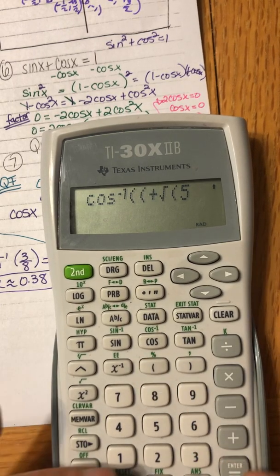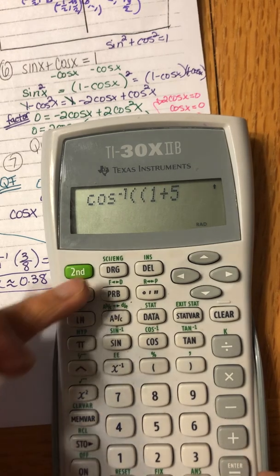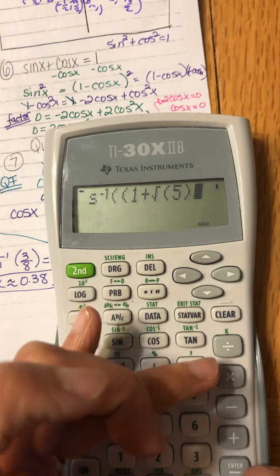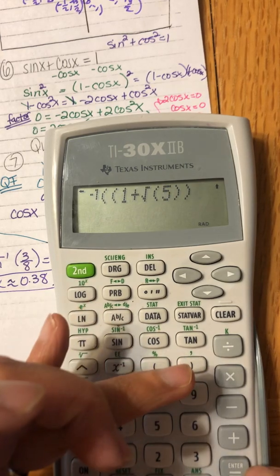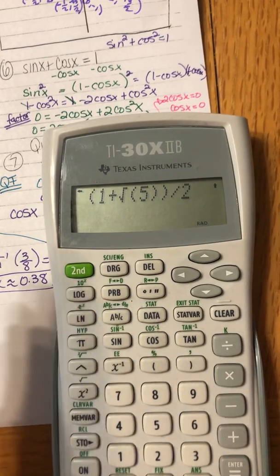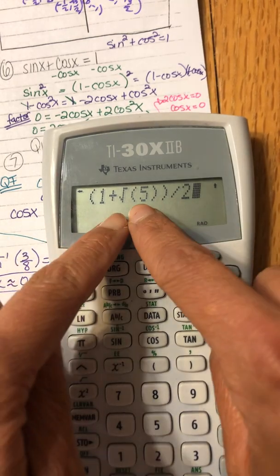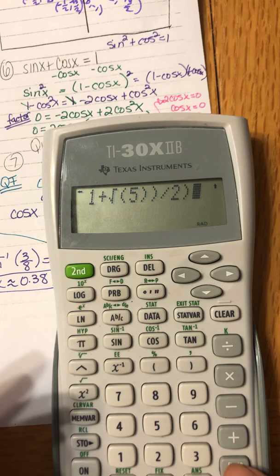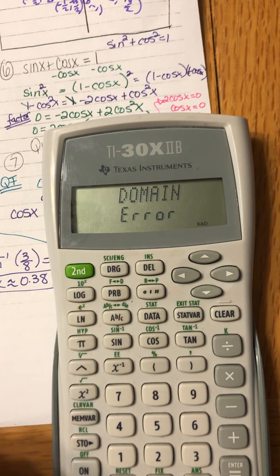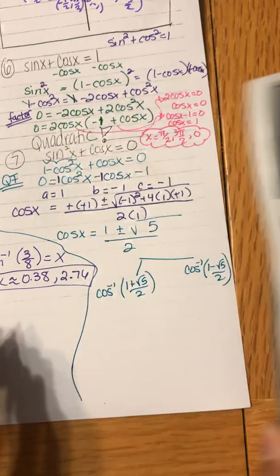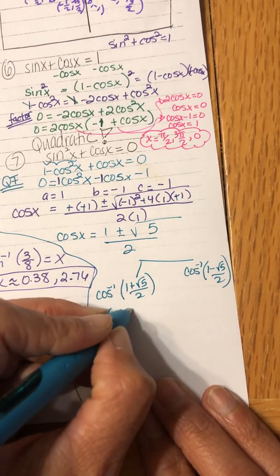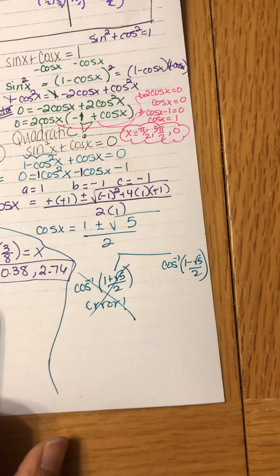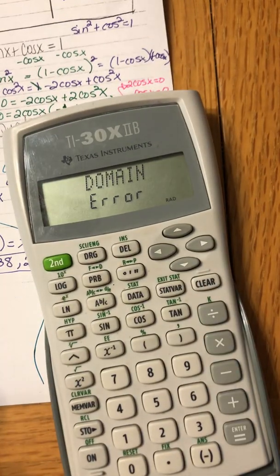So I need to put parentheses around that as well: 1 plus the square root of 5 in parentheses, and then divide by 2 so that the 2 goes into that whole quantity and not just the square root of 5. Then close the parentheses on the cosine inverse, and I get a domain error. So that's not going to be an answer. Let's try the other one.